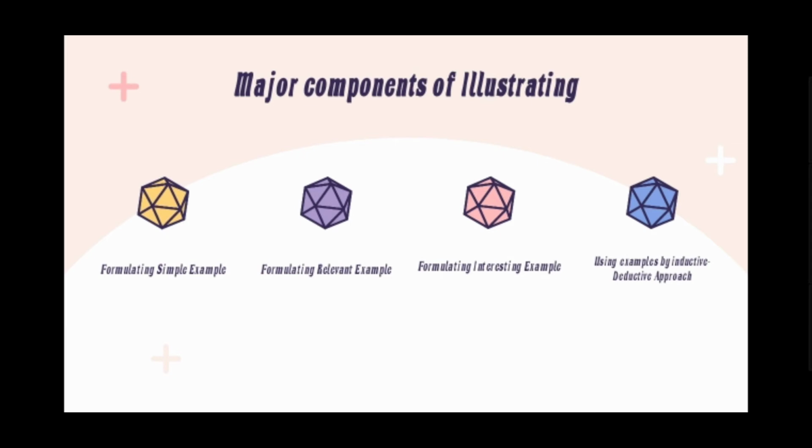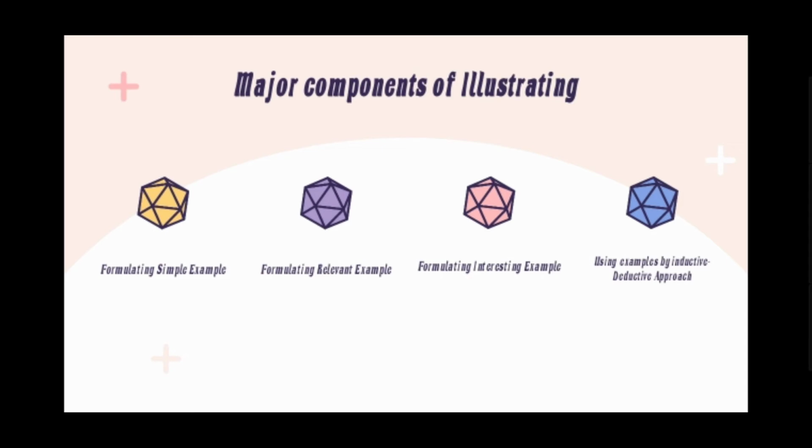The first, formulating simple example. A simple example is one which is related to the previous knowledge of pupils. It should be according to the age level, grade level, and the background of pupils.